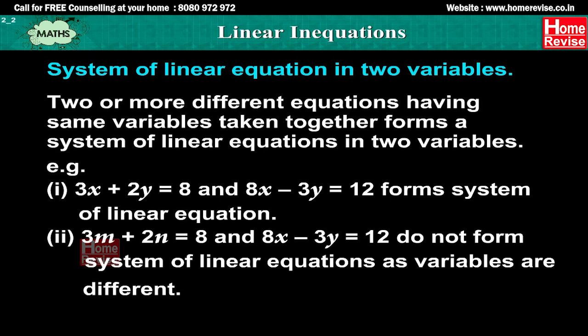Second example, 3m + 2n = 8 and 8x - 3y = 12. In this example, we cannot say that it is a system of linear equations as the variables are different. So we can conclude there must be only two variables.